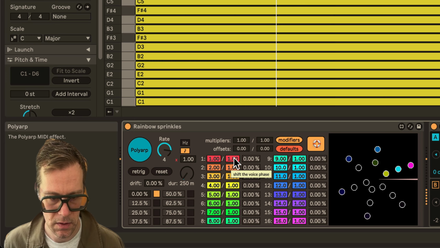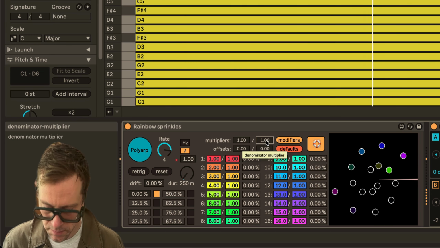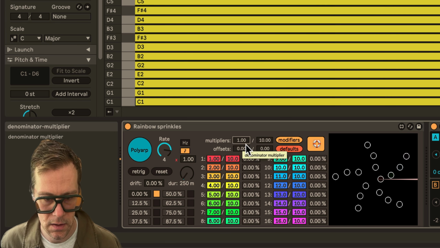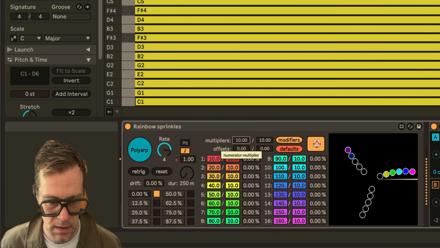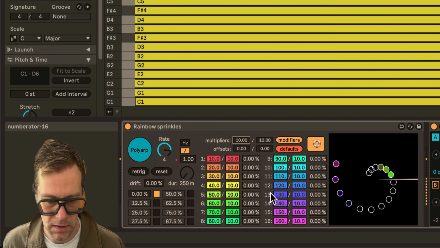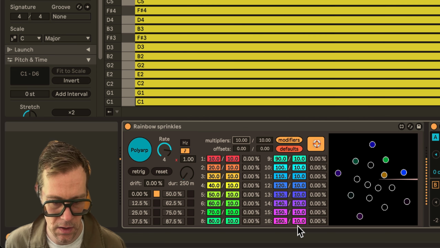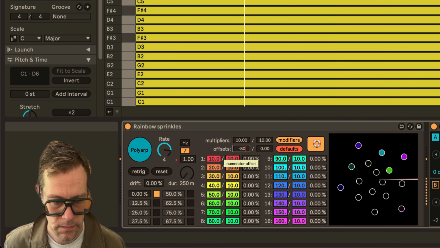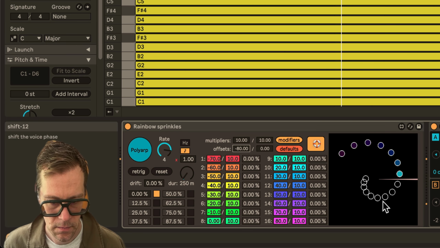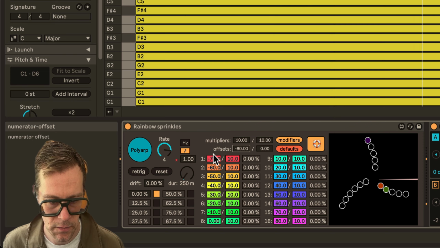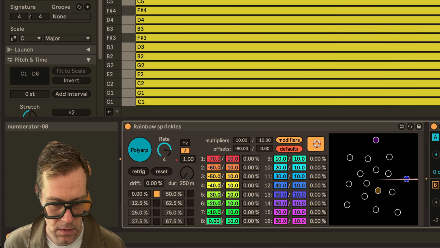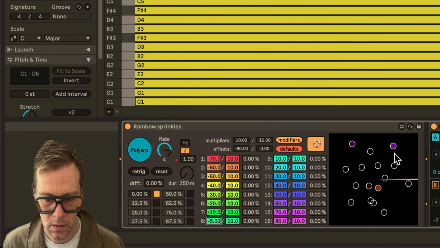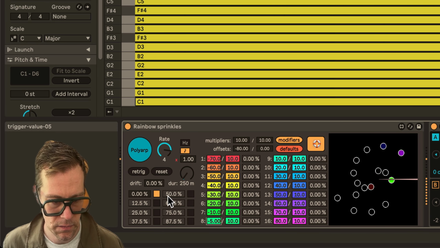Let's go back to the default and try multiplying. I'll multiply the denominators by 10 and then the numerators by 10. And that's actually the same as the basic harmonic series, but I could from there subtract 80 from all the numerators, and that makes my first 8 voices negative, while the next 8 voices are positive.